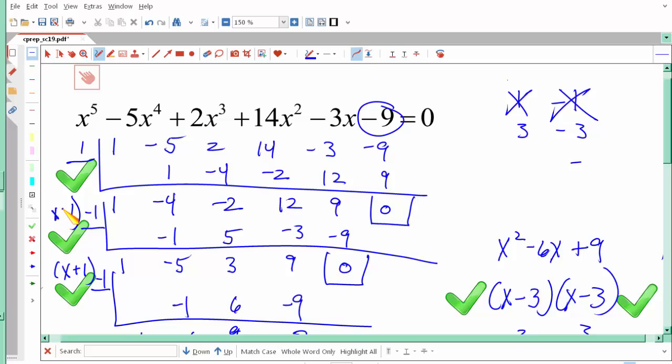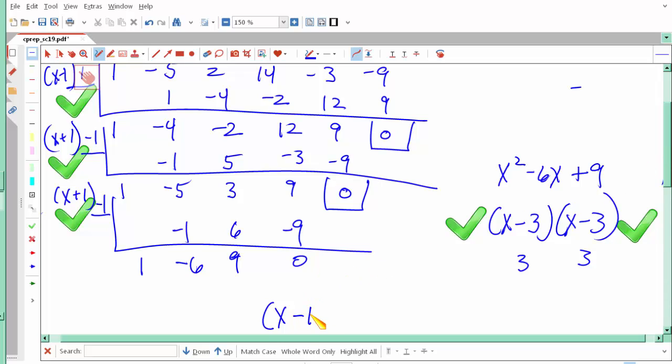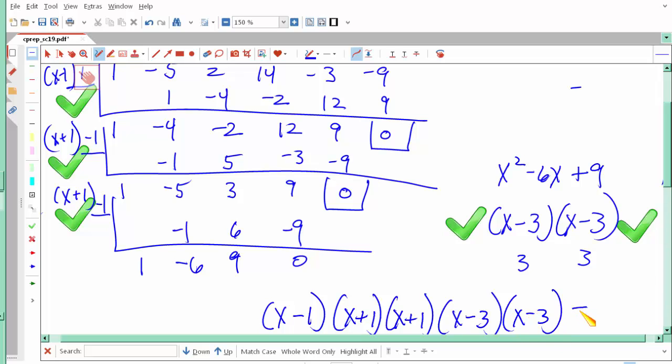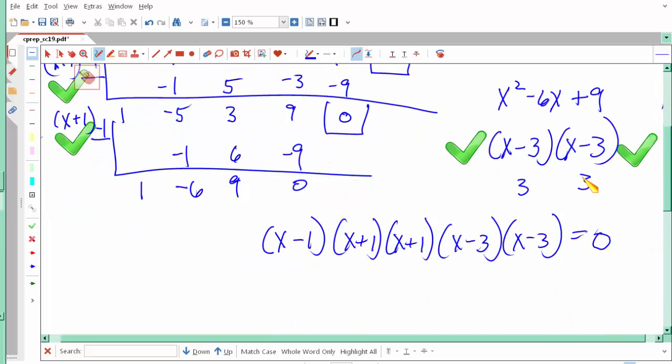So x minus 1, x plus 1, x plus 1, x minus 3, x minus 3, and my solutions are going to be 1, negative 1, and 3.